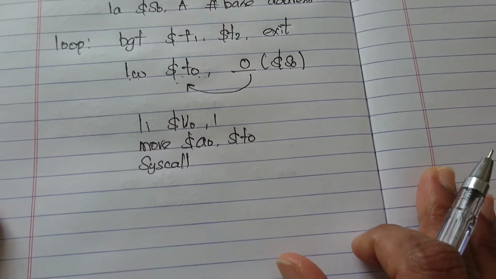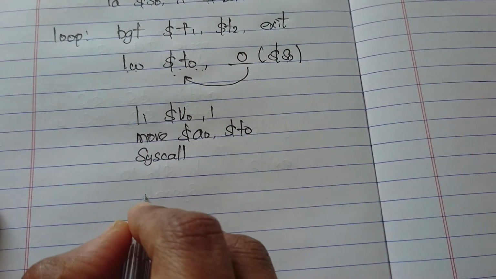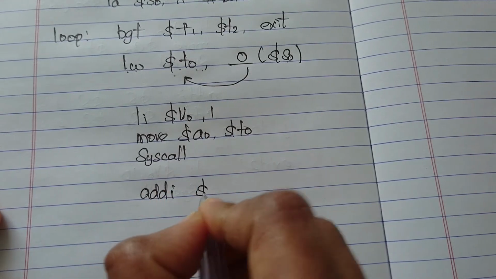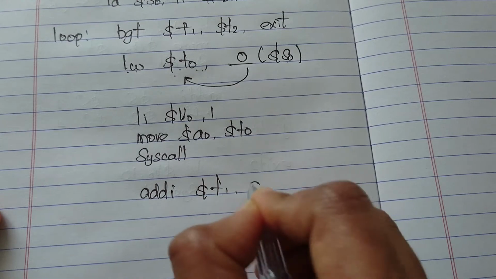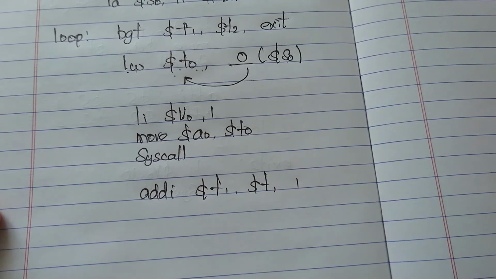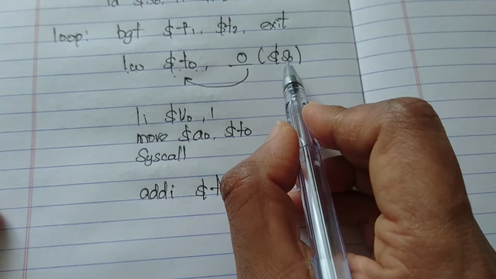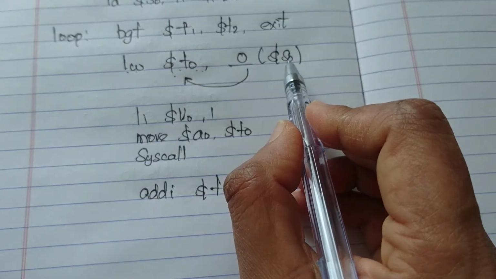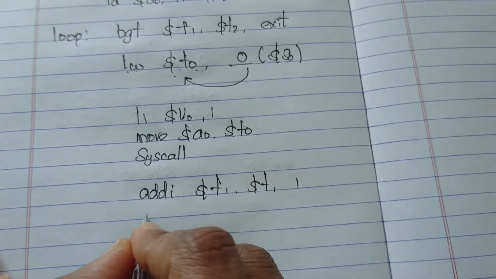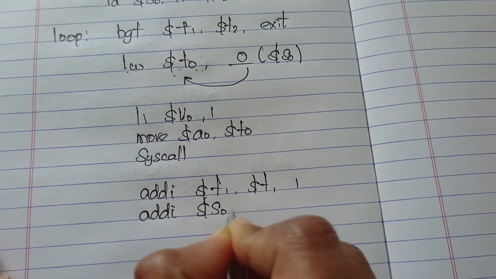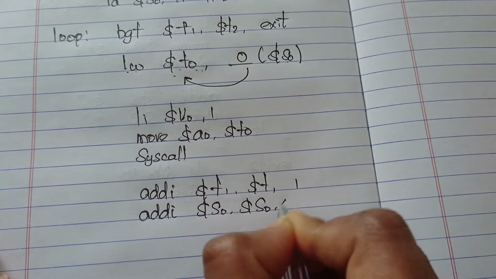So increment the counter. Which is the counter? T1 is the counter. So T1, 1, and then increment the base address. Every element goes in an increment of 4. So increment the base address by 4, which is S0, 4.